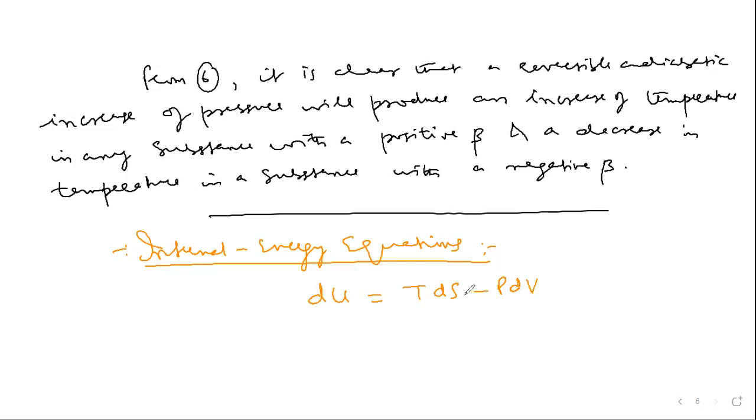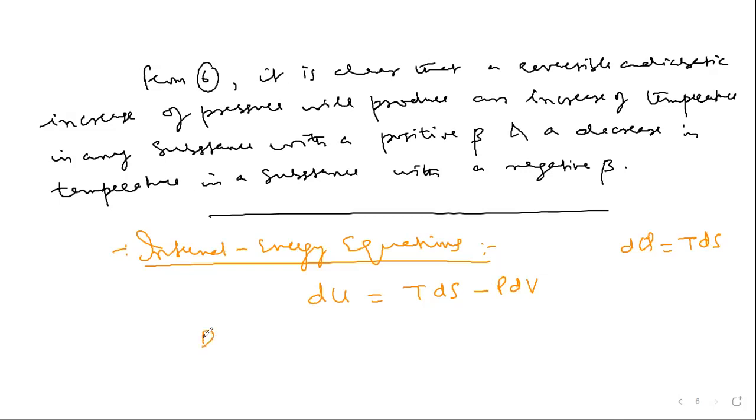Just written the first law of thermodynamics, replacing dq by TdS, right? So we are assuming the substance is pure and it undergoes an infinitesimal reversible process between two equilibrium states. So we can write its change in internal energy dU as TdS minus PdV.